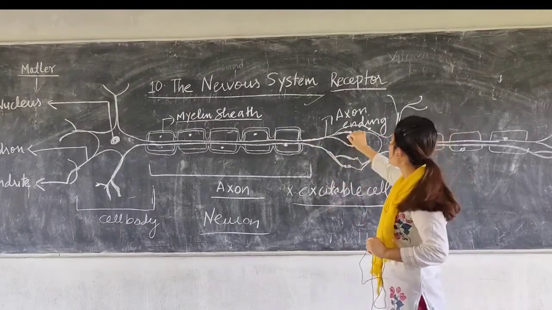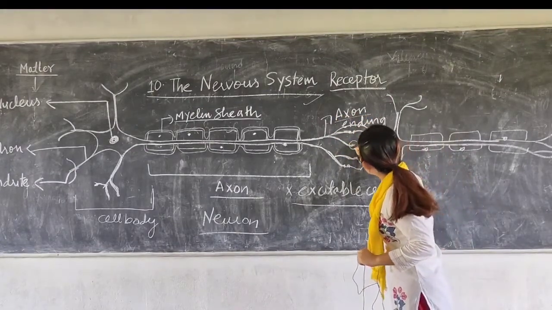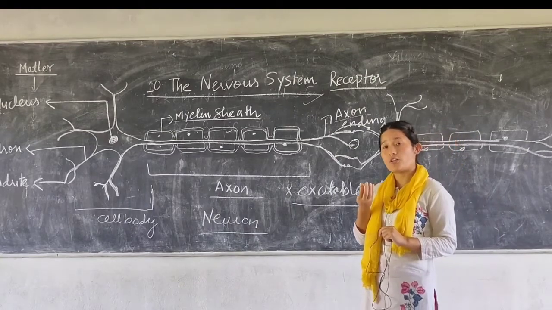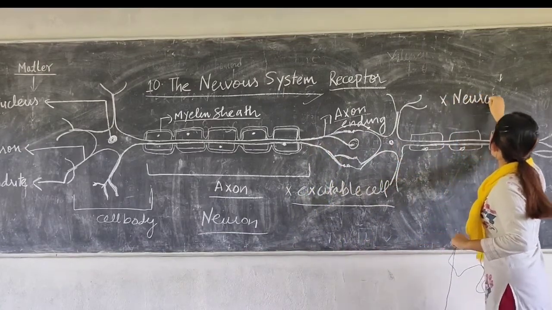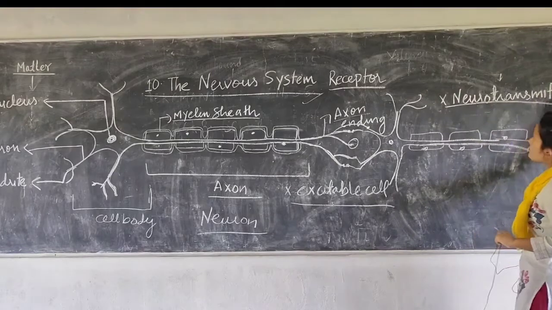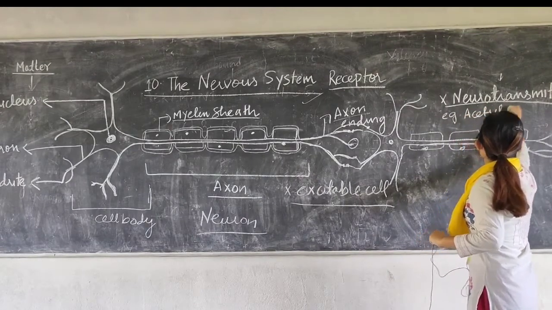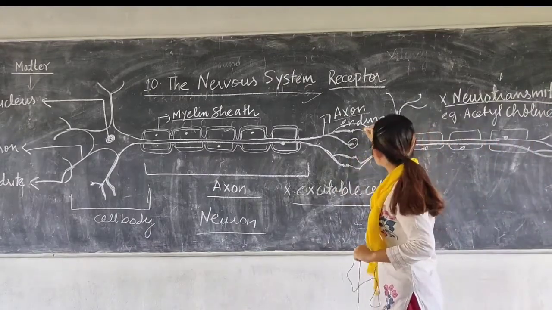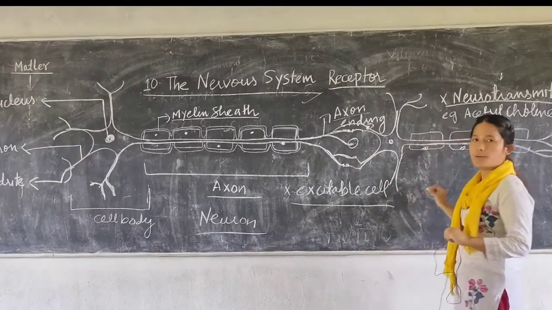These axons, this branch-like structure connected to the dendrite of another neuron.